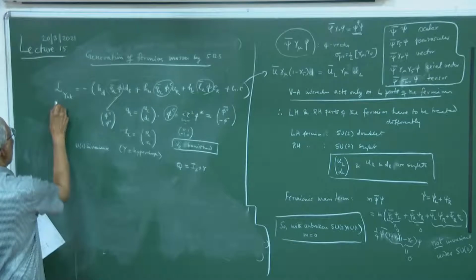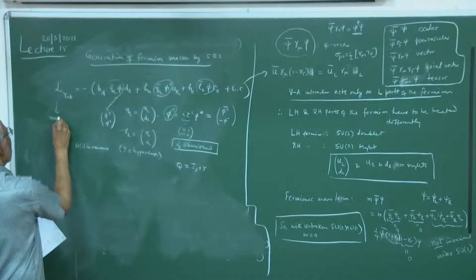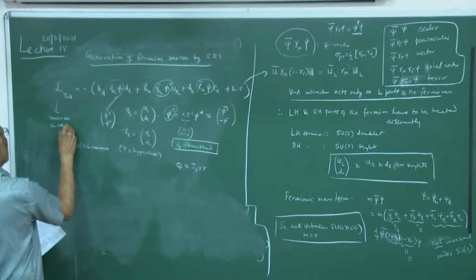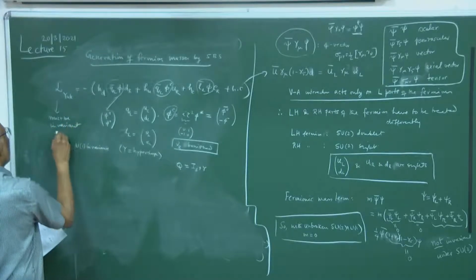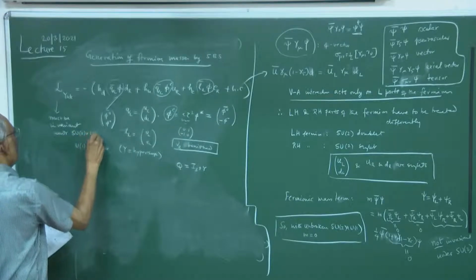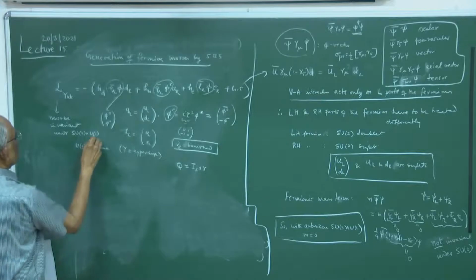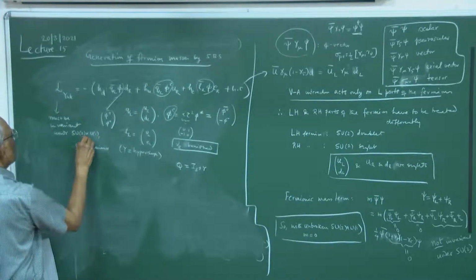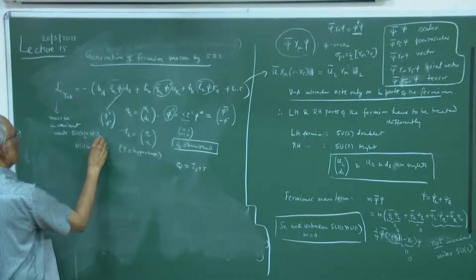So this must be invariant under SU2 cross U1. Sometimes this U1 is called U1y and this is called SU2L because it is left-handed. This is U1 hypercharge, because there is one U1 electromagnetism.